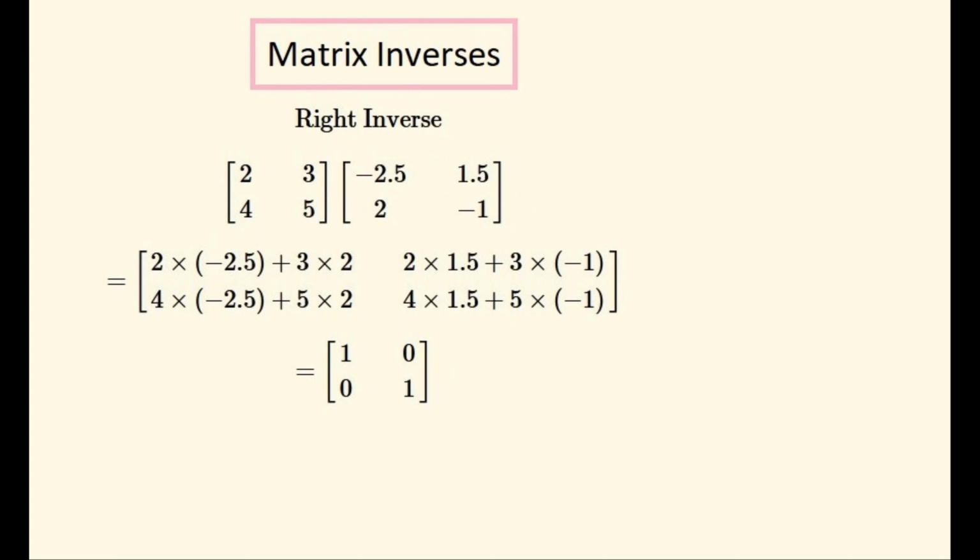We can quickly have a look if it's a right-hand inverse, and because it multiplies on the right to make the identity matrix, then it is also a right-hand inverse. So because it is both a left and right-hand inverse, then it is an inverse of this matrix.